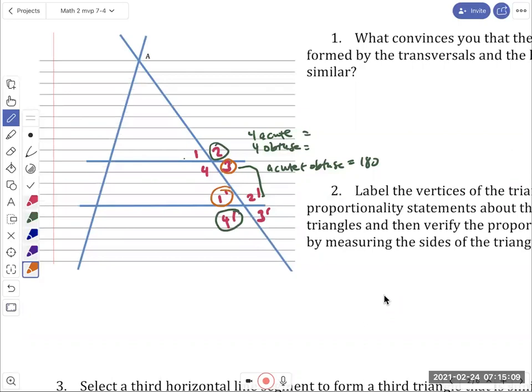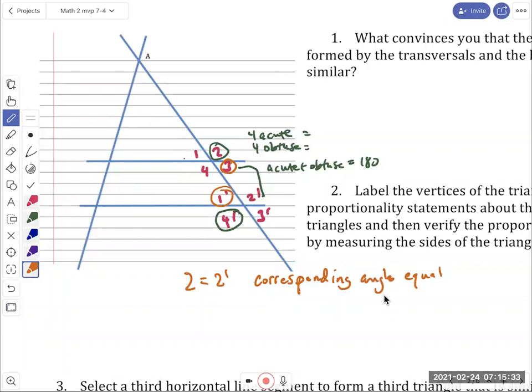Now, why do we consider 2 equal to 2 prime? So that's this assumption, over a couple thousand years old, that corresponding angles in this situation are equal. You can have a geometry that doesn't assume that, and that's happened in the last 100 years.